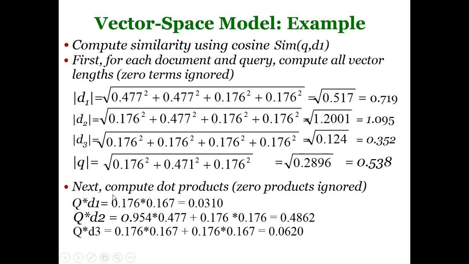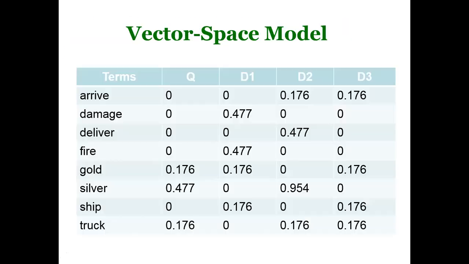Then you have to calculate the query multiplied by D1 as a dot product, summation of every term in the query multiplied with every term in document 1. When we are looking at the intersection point between Q and D1, there are numbers only when we reach gold.